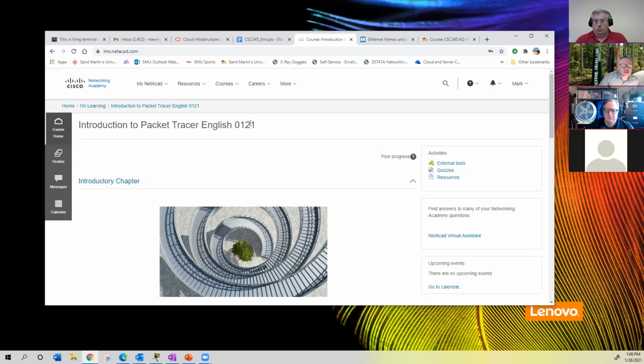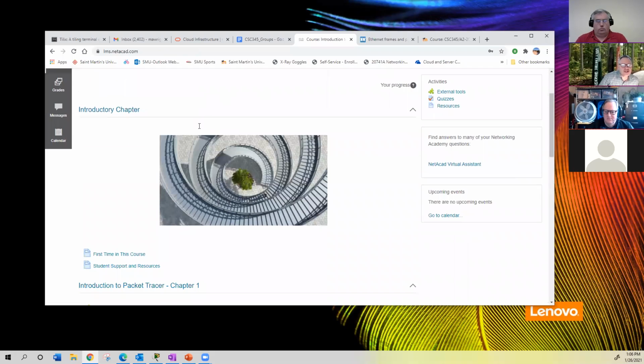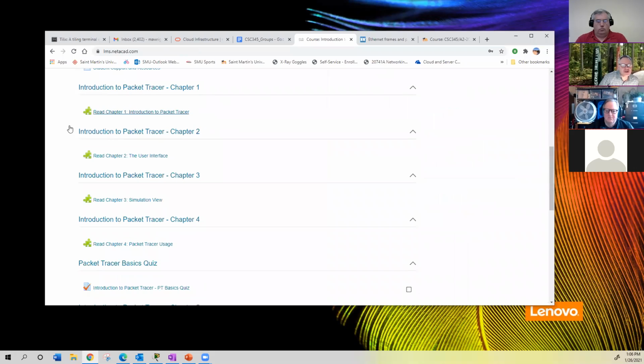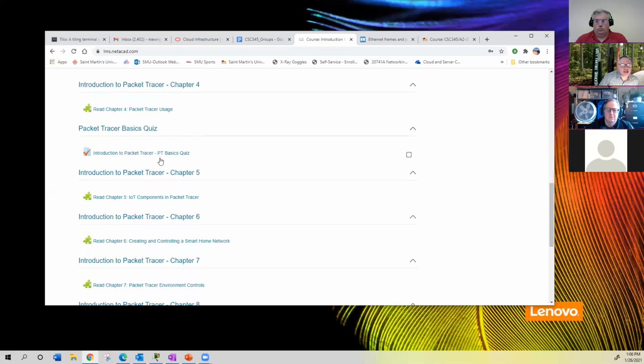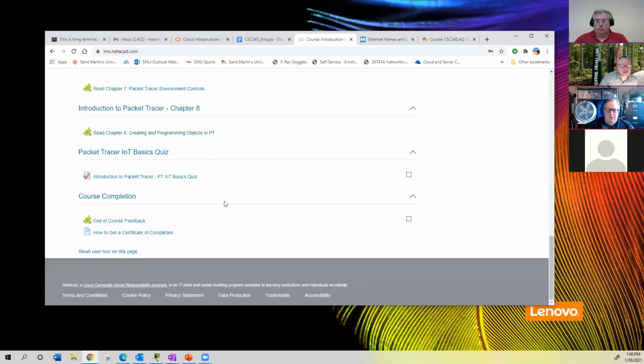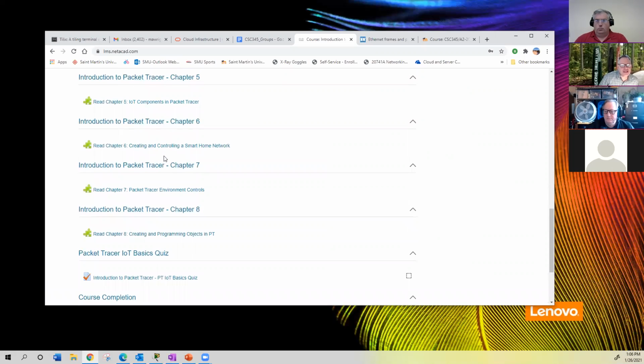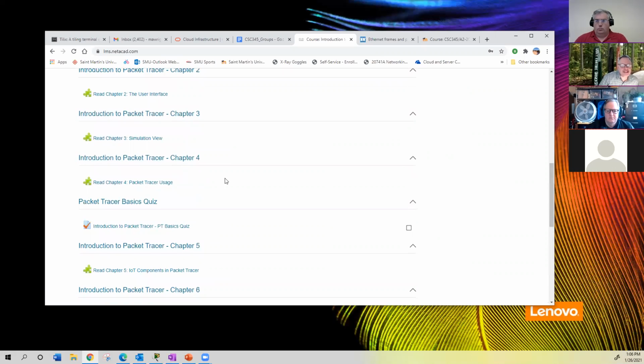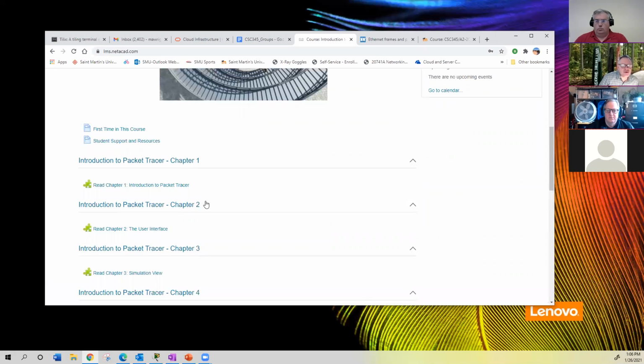This Introduction to Packet Tracer walks through how it works, the introduction, using the user interface, simulation view, and they've got Packet Tracer basics, quiz, and so there's several chapters that will walk you through elements of Packet Tracer and setting it up, putting the objects in there, connecting them together, and so forth.